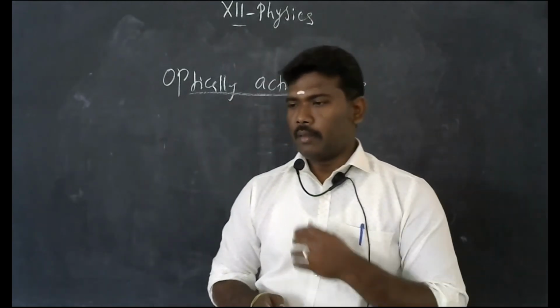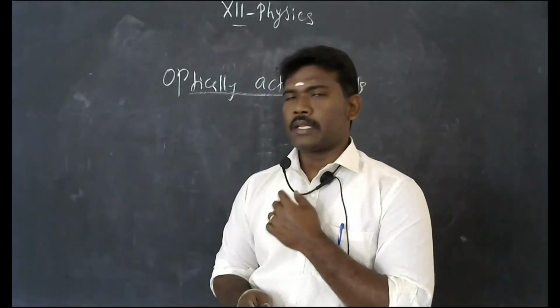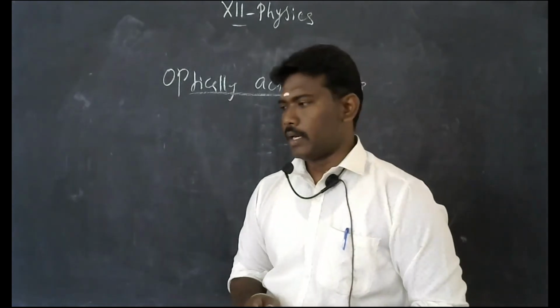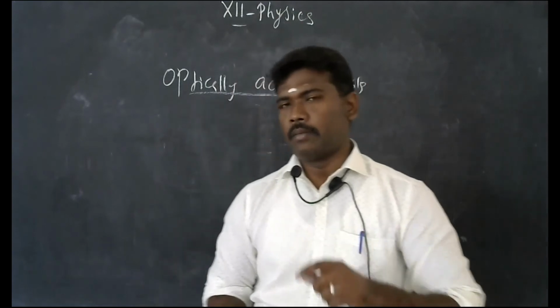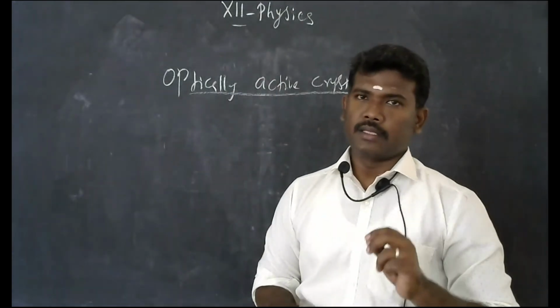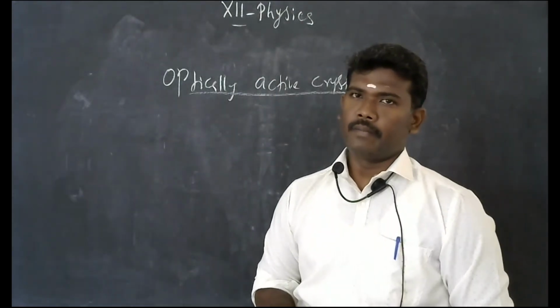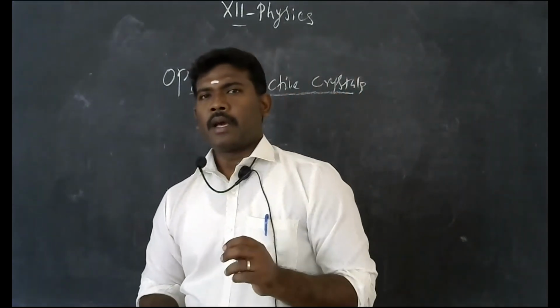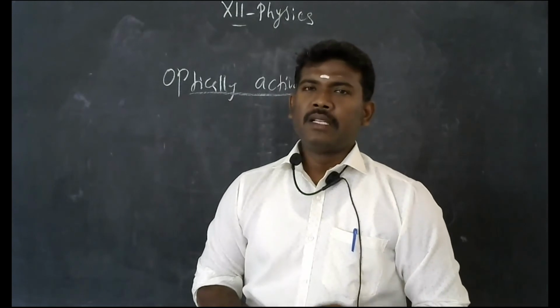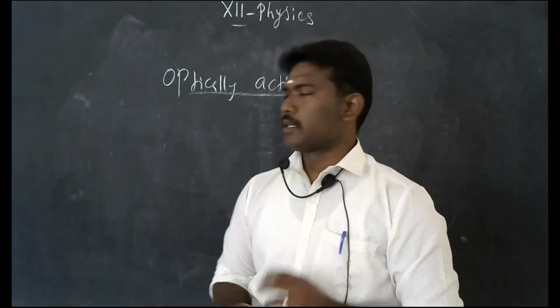Optic axis is nothing but, inside of the crystal, the ordinary and the extraordinary light rays are traveling with the same velocity, in the same direction. That axis, that line, is called the optic axis.